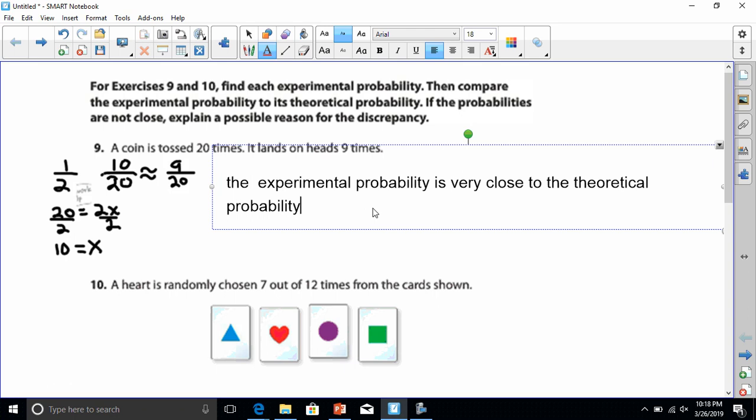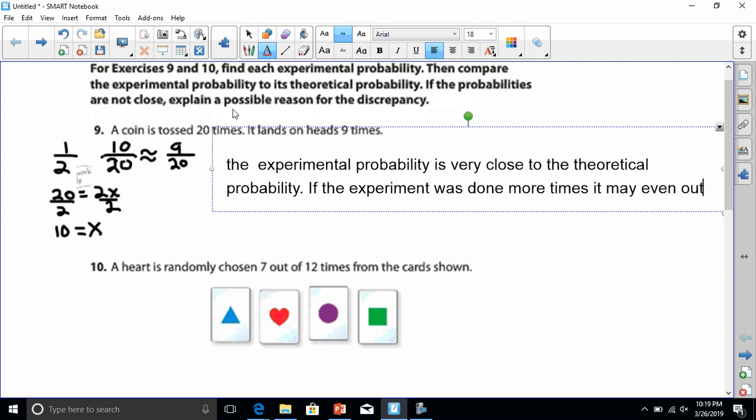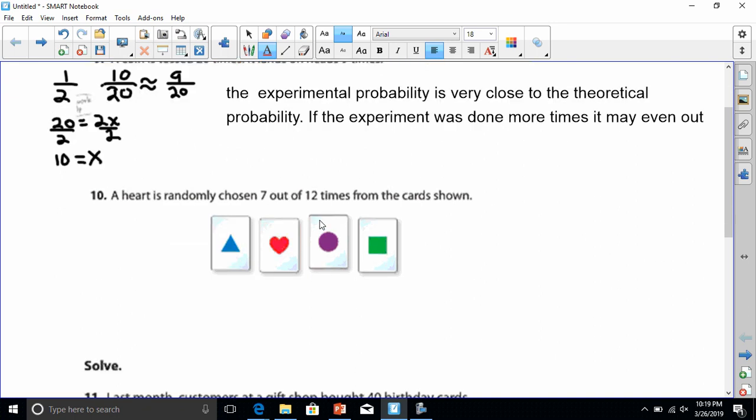If the experiment was done more times, it may even out. Which means if we were to keep on conducting this experiment, the next time we might find that there were 11 times where it turned out heads instead of 9. All right, 10 is yours to do.